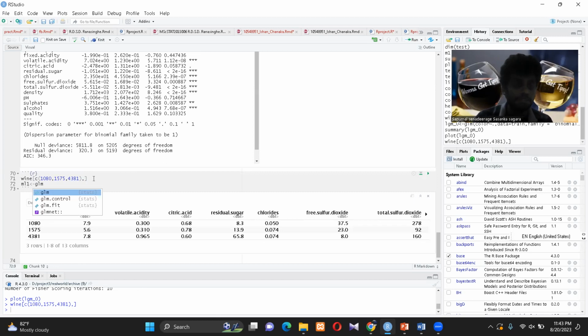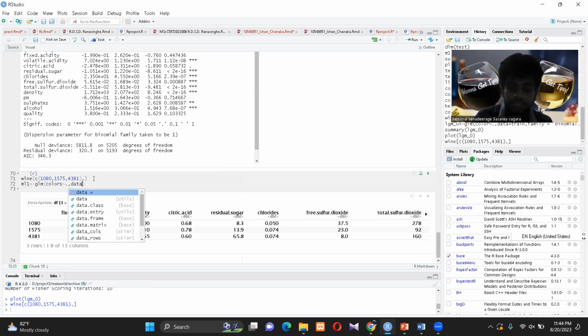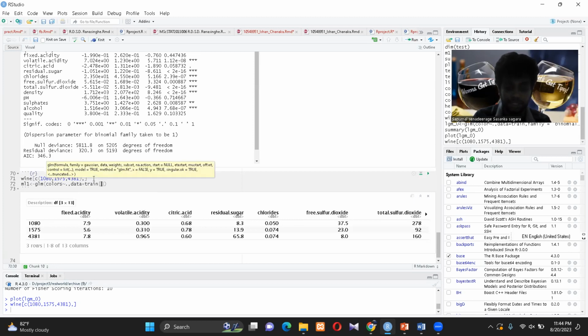GLM. What are the significant variables? Colors, train. Sorry, data equals train, but we have eliminated these columns.